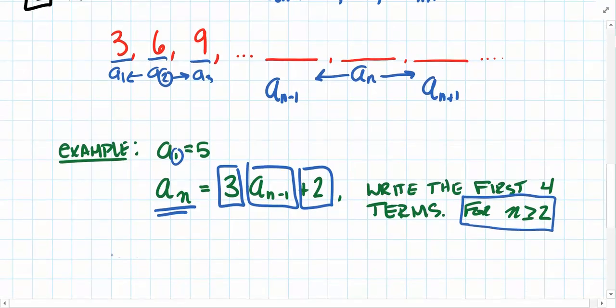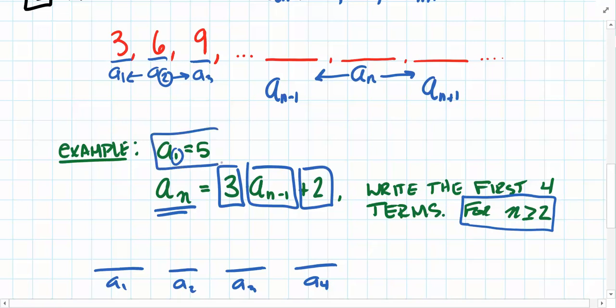So let's write it out. I want a sub 1, a sub 2, a sub 3, and a sub 4. It says write the first 4 terms. It already gave me the very first term, which is 5. Then the next term is equal to 3 times the previous term plus 2. So 3 times 5 is 15, plus 2 makes 17.